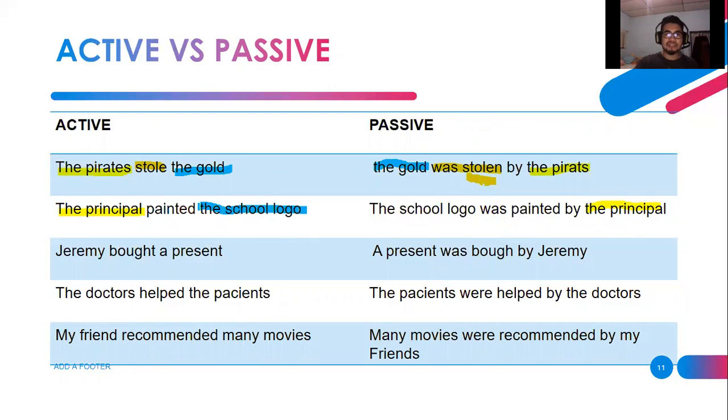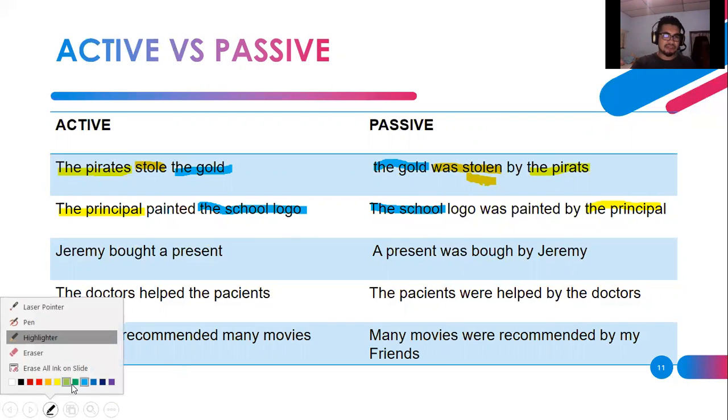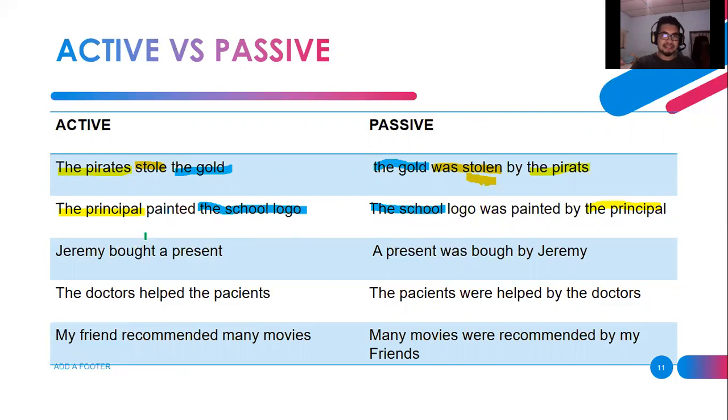The school logo, that is the object over here. And now it's the subject in the passive voice. So you just change places. And the other thing that we need to notice is that right now in this sentence, the verb is in simple past. And in this one, you include the was and you include the verb in past participle.